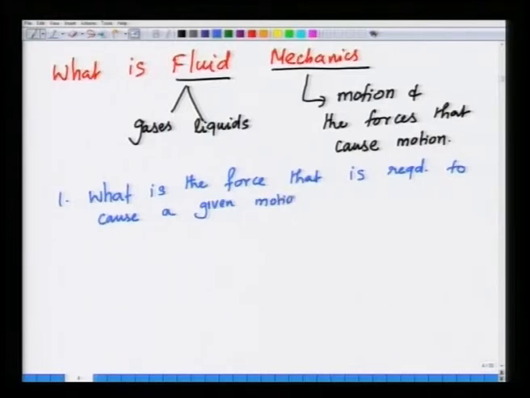For example, in the context of fluid mechanics, you may be interested in pushing a fluid in a pipe from one point to another. A typical question of engineering interest is how much power we need to spend in terms of pumping the fluid. So, fundamentally it translates to, from a mechanical point of view, what is the force that is required to cause the fluid to flow in a pipe. This is one of the questions that we ask.